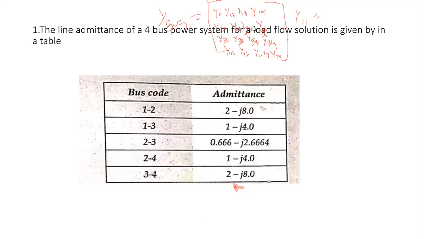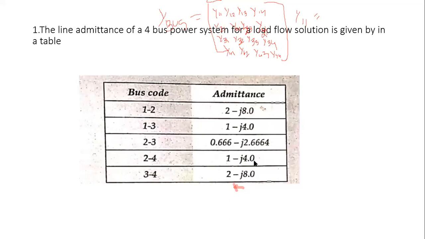Next we calculate Y23, 2 to 3 or 3 to 2, which is minus of 0.66 minus j2.664. Next Y24, 2 to 4 or 4 to 2: minus of 1 minus j40.